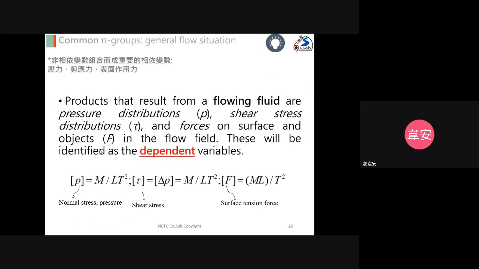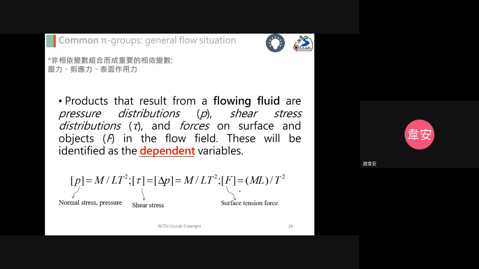And then there are the 3 dependent variables. The first one is the pressure. In hydraulics we call the pressure a normal stress. And we have the shear stress from the viscosity effect.